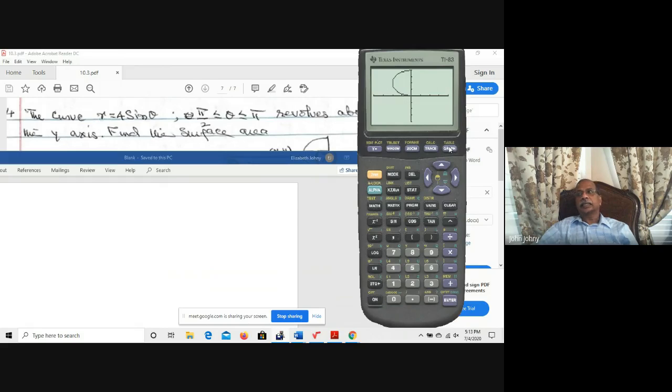See that again is a semicircle with radius 2. You can observe that the radius of the semicircle is 2. It revolves about the y-axis.